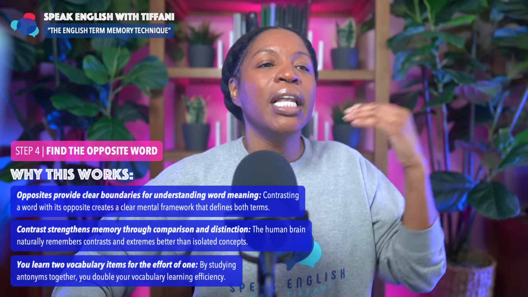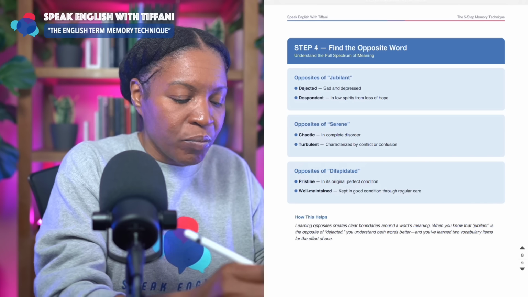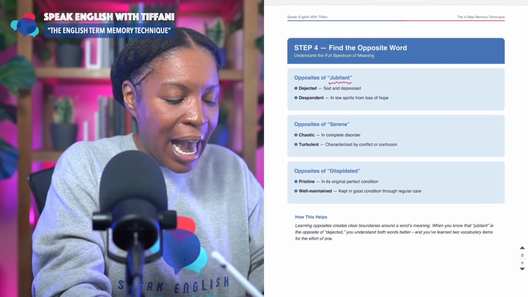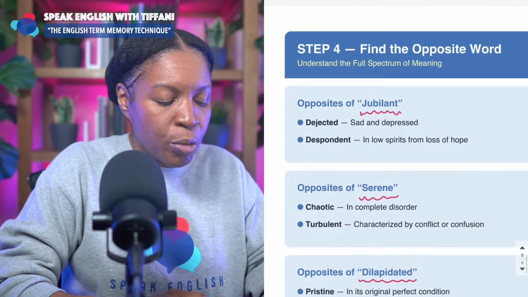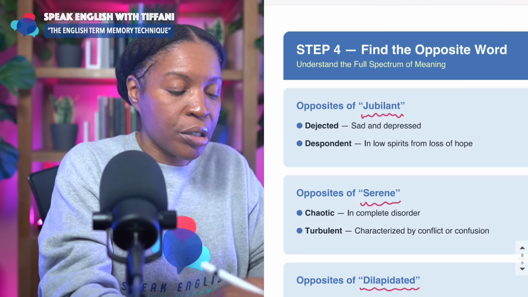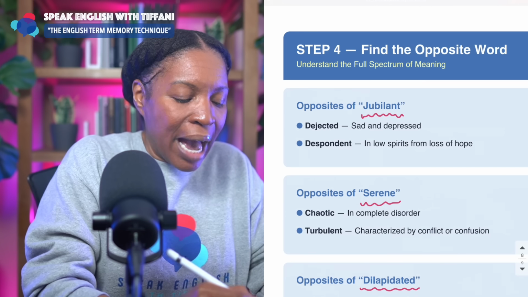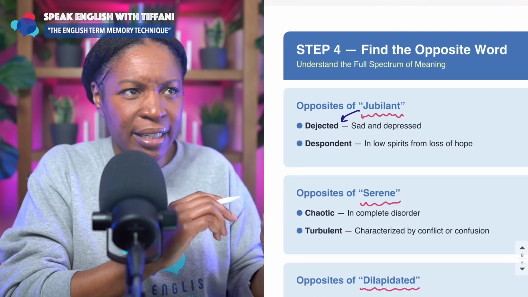All right, so let's check out my notes to see what this would look like for our 3 terms that we've been looking at. Again, we have jubilant, serene, and dilapidated. So let's start with jubilant. I chose 2 opposite words for jubilant. The first one is dejected.